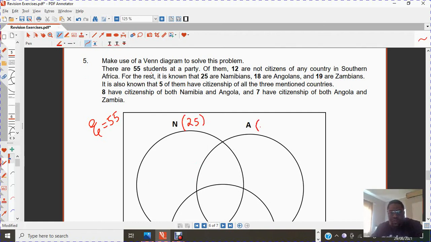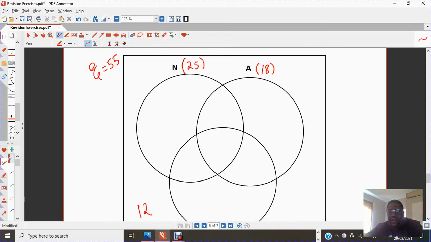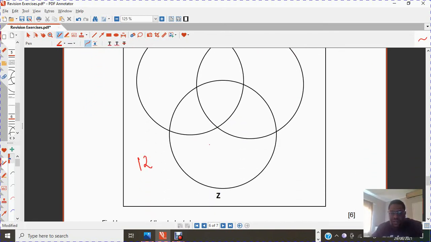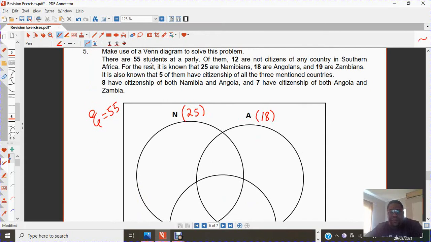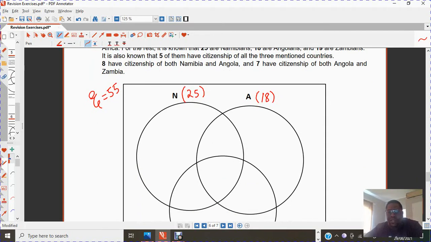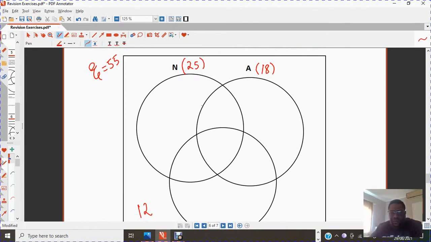And we also know that Angolans, they are 18, and the Zambians are 19. So the total Zambian students should be 19. There's another thing that I can fill in. I also know that 5 have citizenship of all three mentioned countries. So 5 will be here.